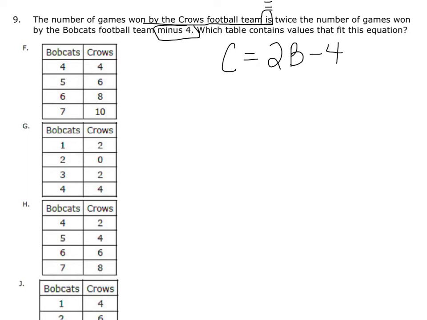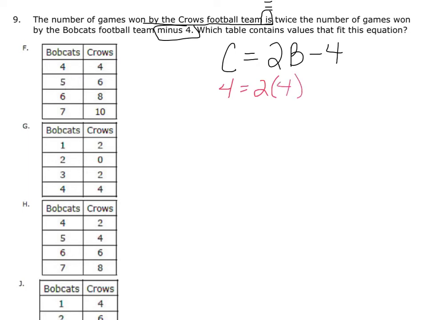So first, I'm going to change my little pointer here. Here's Bobcats, here's Crows. So instead of this C, I'm going to put a 4 because I use C for Crows. So I'm going to put 4 equals 2 times. So instead of the B, I'm going to put the 4 for Bobcats.